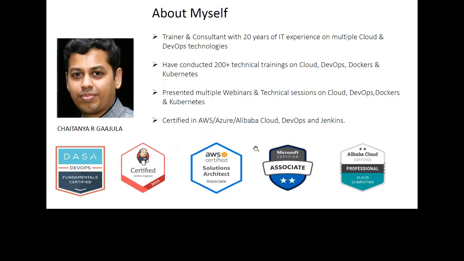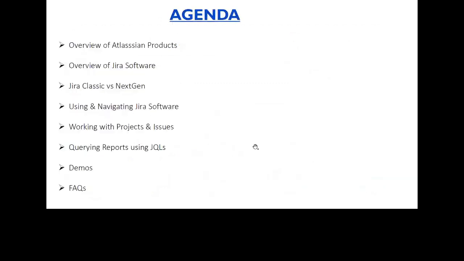So welcome everyone once more for this session, in which we're going to very briefly look into what Atlassian products are and what Jira is. And we will learn about an overview of Jira Software. What is it? How to log into it? How to sign up? What are various options in Jira?